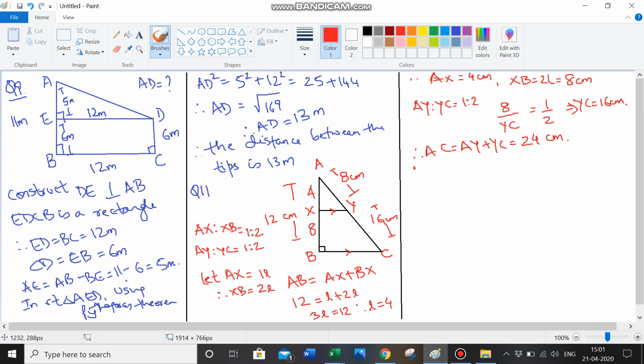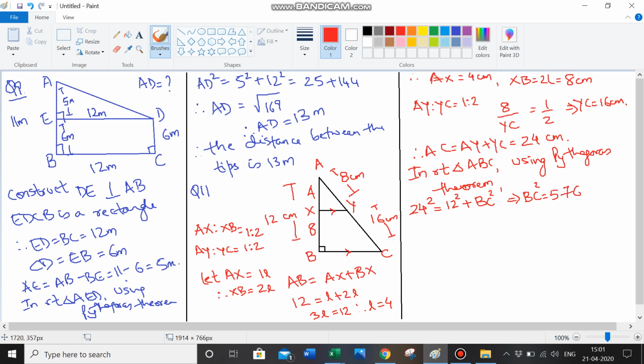Okay, doesn't matter. So in a right triangle ABC using Pythagoras theorem, what do we get? We get 8 plus 16, that's 24 square is equal to 12 square plus BC square, which means BC square is equal to 24 square, which is 576 minus 12 square, that's 144.